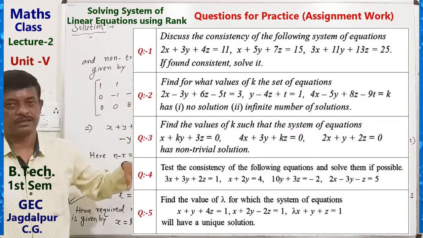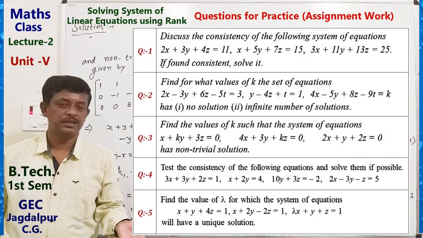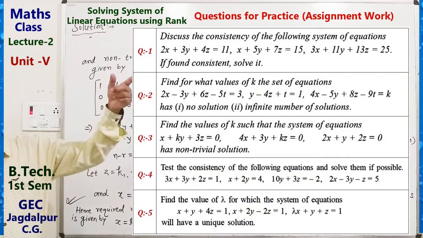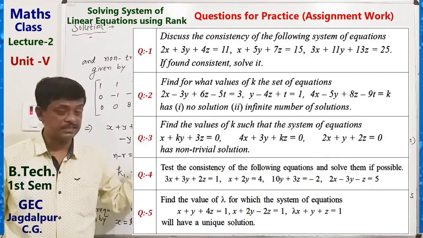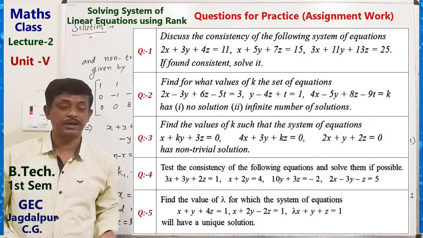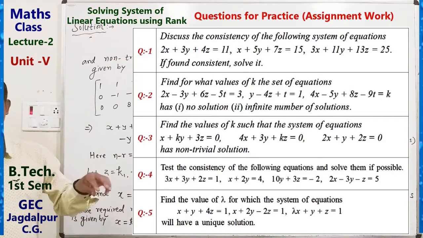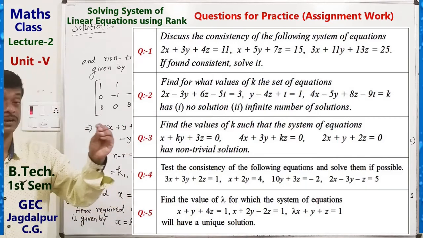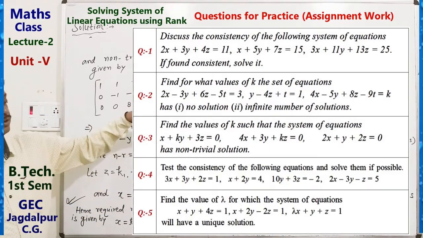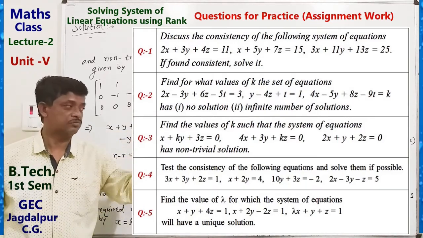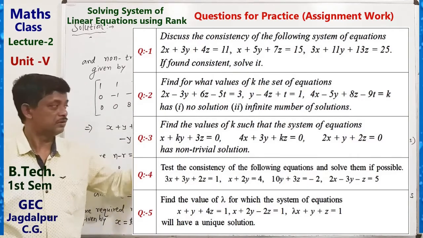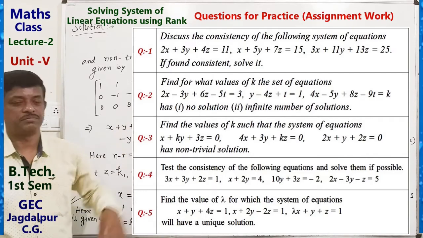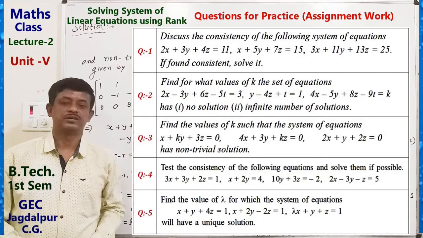If less than, then infinitely many solutions. If ranks are not equal, then inconsistent. For infinitely many solutions, n minus r is the number of independent unknowns, which are arbitrary. So give arbitrary values to one or two unknowns and solve the equivalent system. Then you can get the solution.